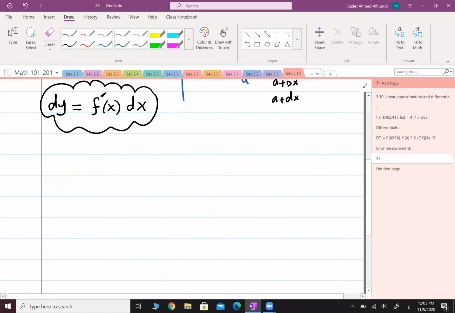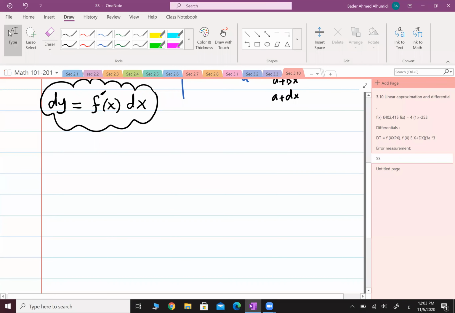And by using this argument, we can measure the error involved in certain measurements by the following three types of errors. We can have the exact error, which we call delta y. Delta y is the exact error, defined as f of x plus delta x minus f of x.